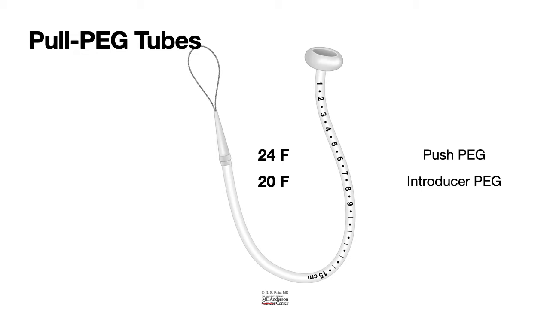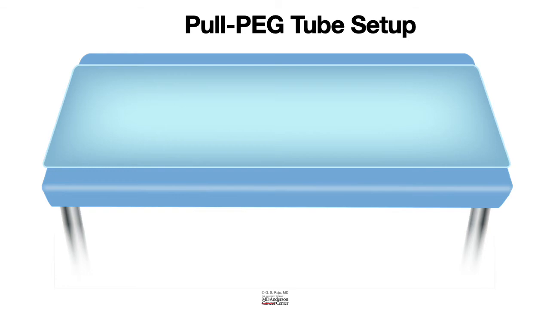Among all these tubes, pull PEG tube is the one that is most commonly used, so we will learn about that. And let us look at what the setup includes.